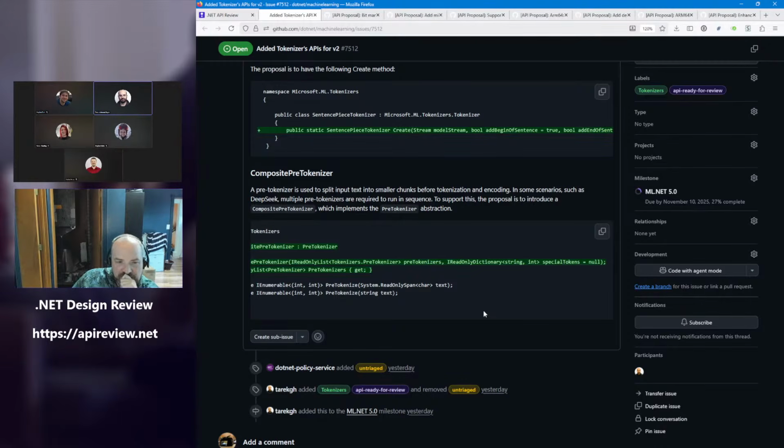And of course, this composite pre-tokenizer just implements the pre-tokenizer abstraction, which has the pre-tokenize method. And I assume special tokens run before the first pre-tokenizer? Yes, special tokens always run before processing anything.